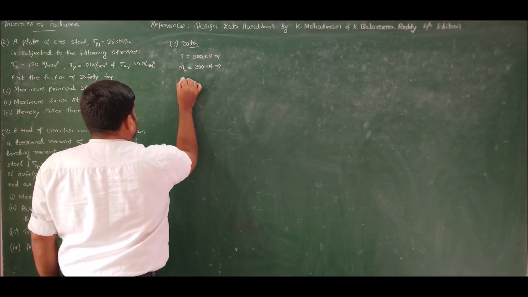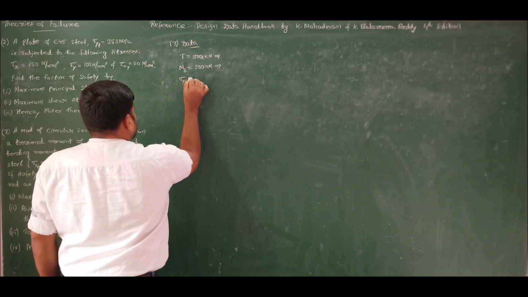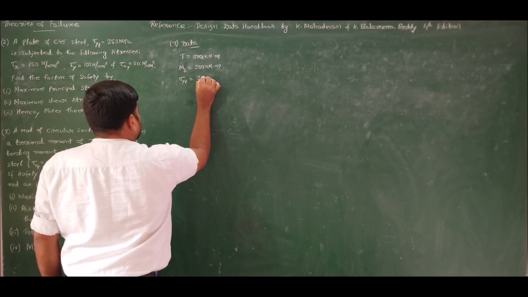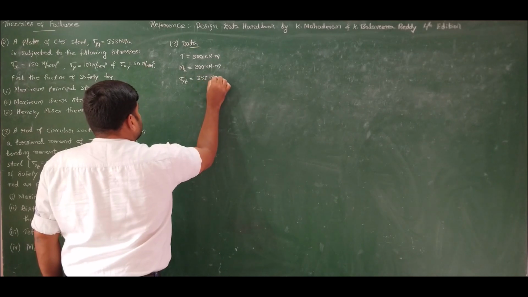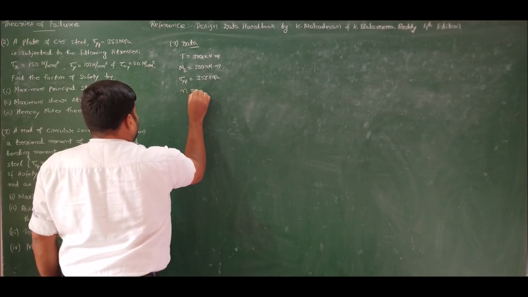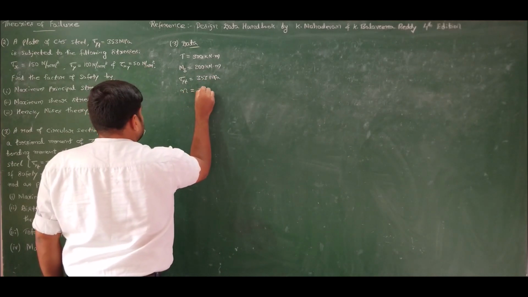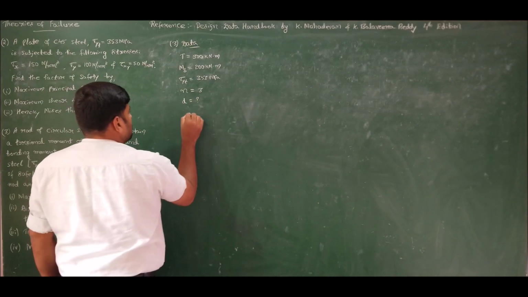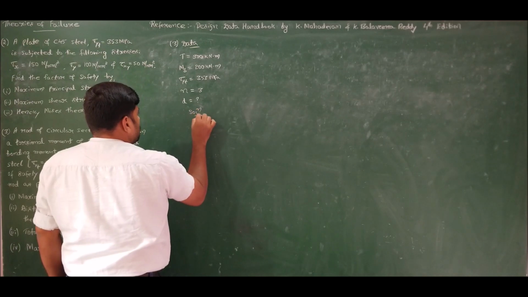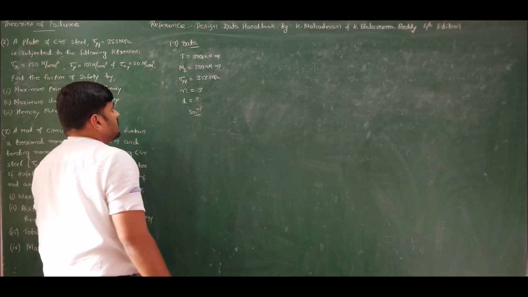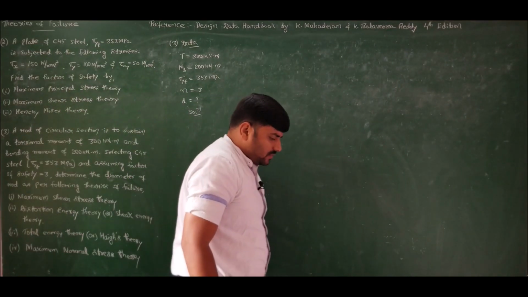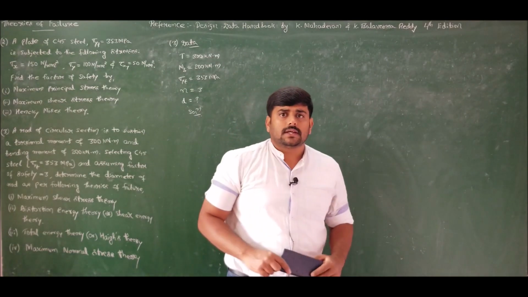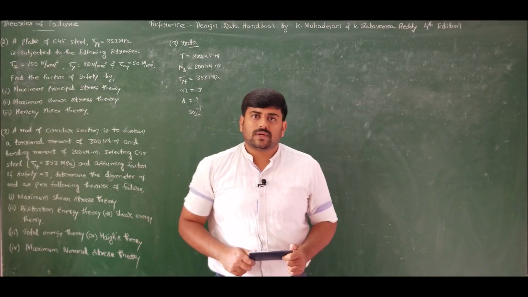Selecting C45 steel of yield strength in tension as 353 megapascals and a factor of safety of 3, determine the diameter of the rod is what the question is asking. Now he has also not specified the values of normal stress as sigma x, sigma y and shear stress in the xy plane, that is tau xy.